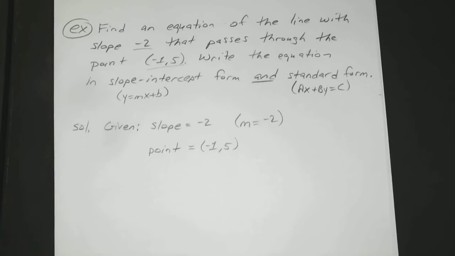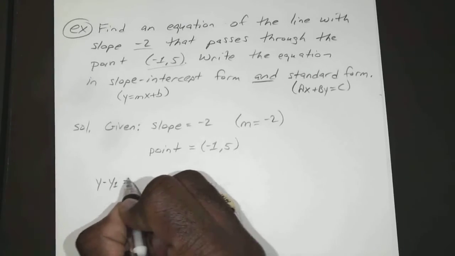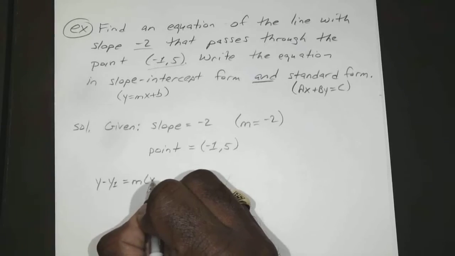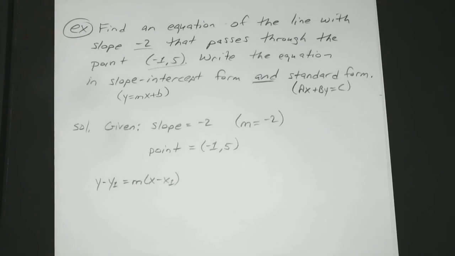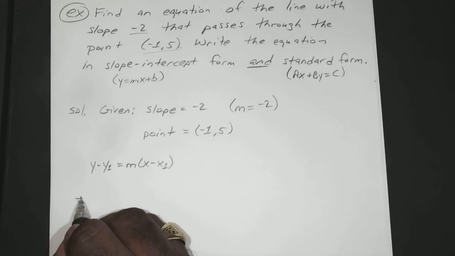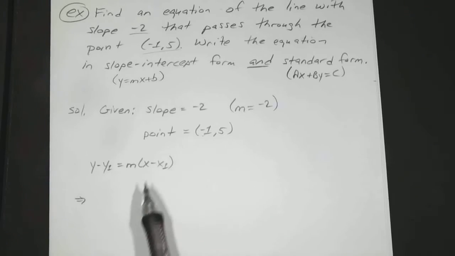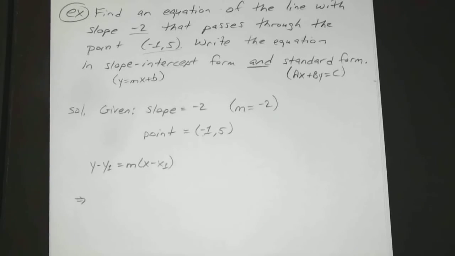Okay. So if you remember your point slope form, it's y minus y1 equals m times x minus x1. Or you can make y equals y1 plus m times x minus x1. Either one works. Okay. So if this is our point, all we have to do is make that our x1 and make that our y1, because we only have one point.